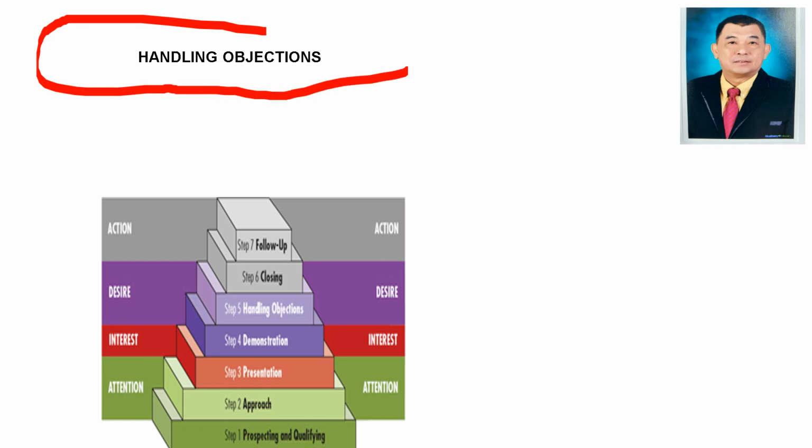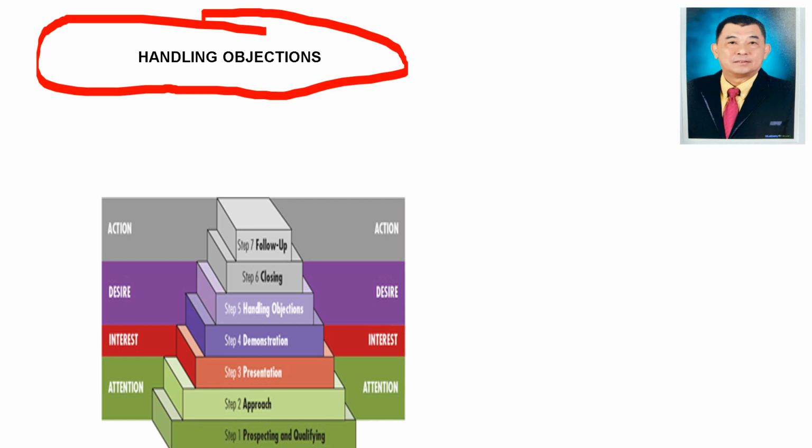And then handling objections. In handling objections, there is resistance. But if the customer is objecting, it doesn't mean that he is not interested in buying your product. Actually, resistance will occur because he or she wants to uncover that the product they are buying from you will not give them a problem.